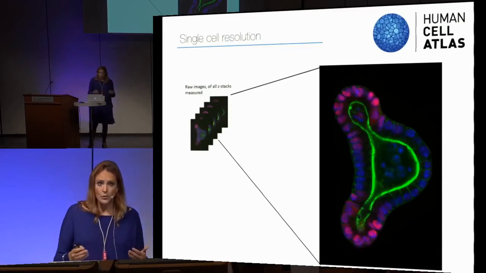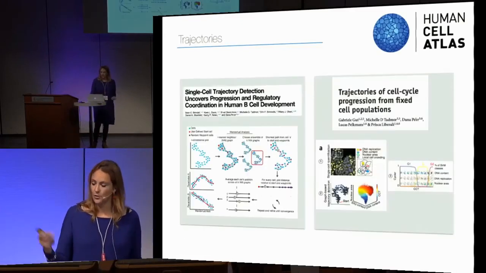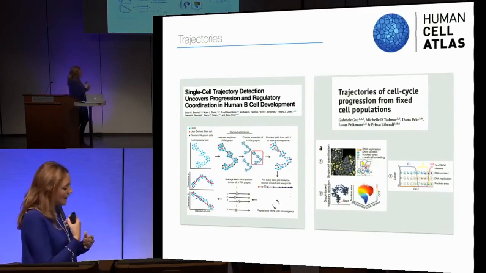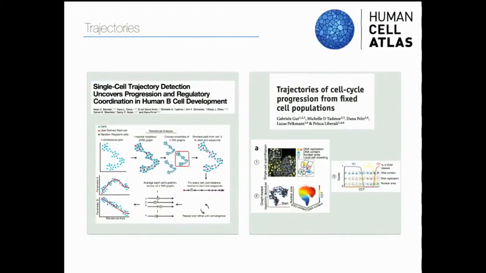What we then used all these features for, and you saw it before in the previous talk, was one of my works where we were able, with Dana and Lucas Pelkmans' lab, to use these features to make trajectories of progression. There are two things I would like to stress here.